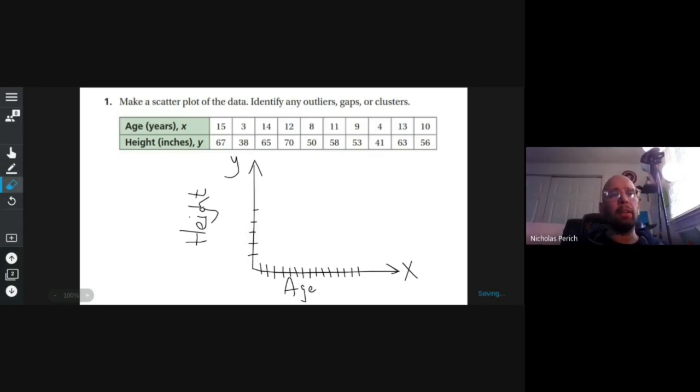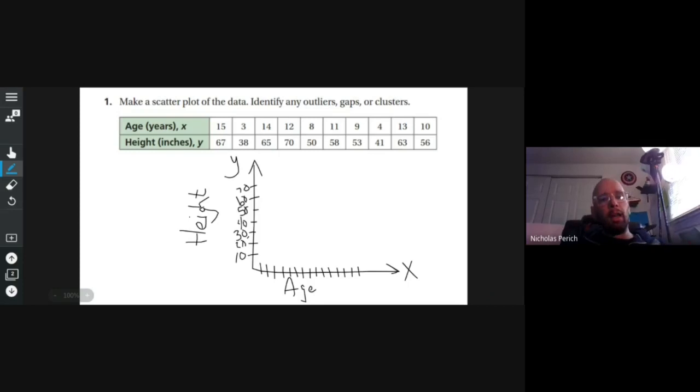I'm going to make them 10s. 10, 20, 30, 40, 50, 60, 70. Do I have to go higher than that? Nope. 70s is as tall as I need to get.